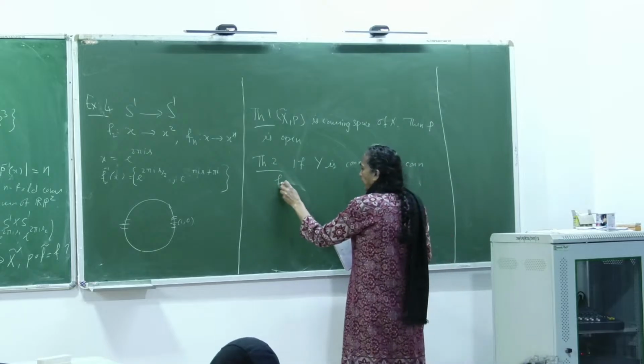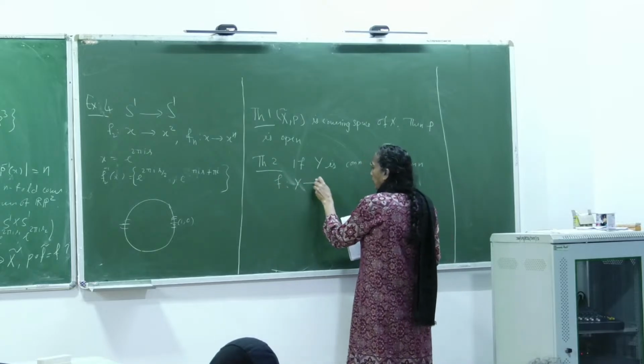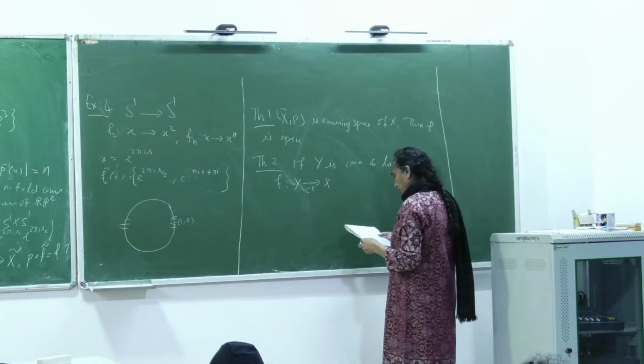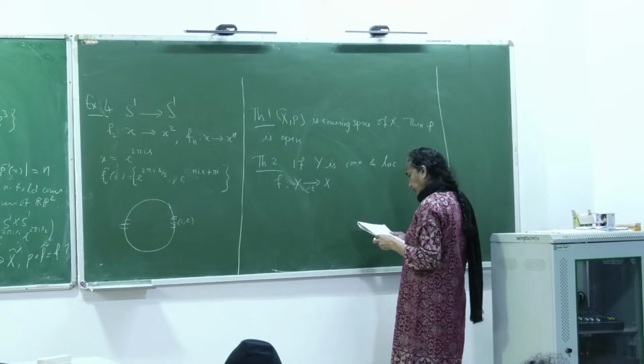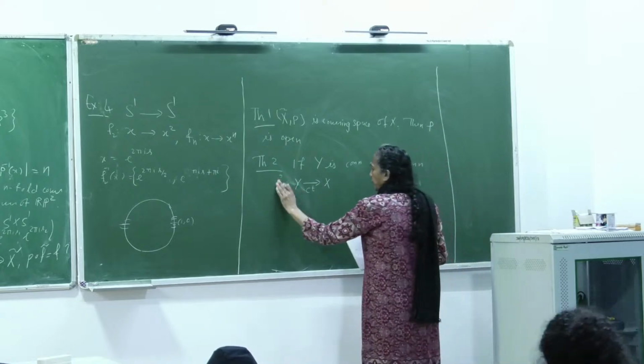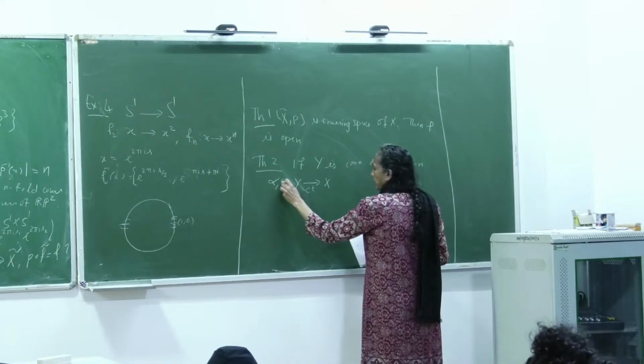And if I have f from y to x continuous, and not f, let us say alpha and beta, 2 maps I will take.